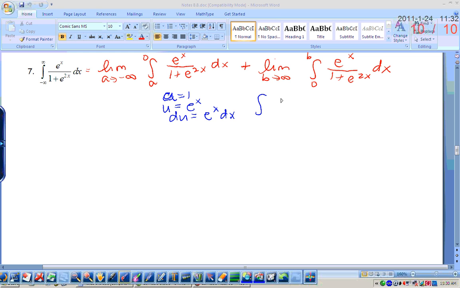So what I'm really integrating is 1 over a squared plus u squared du, which is 1 over a arctan u over a. So it's just arctan e to the x. Everybody okay with that?